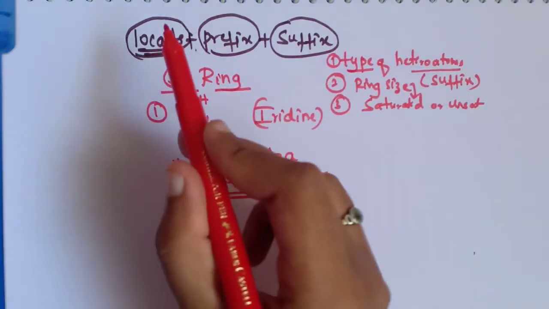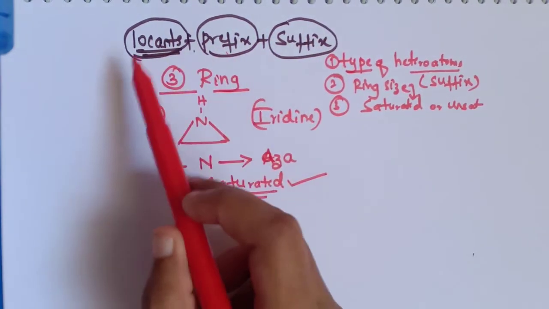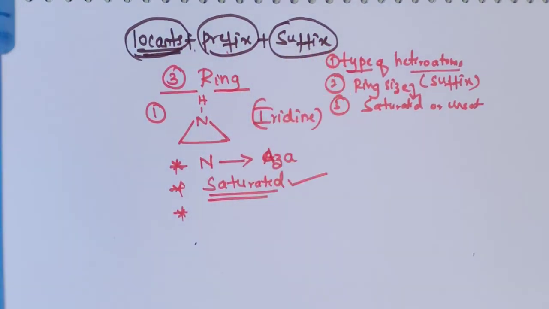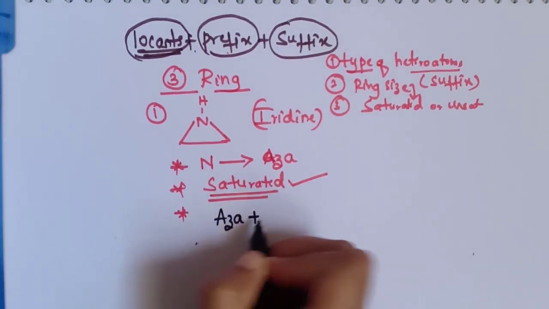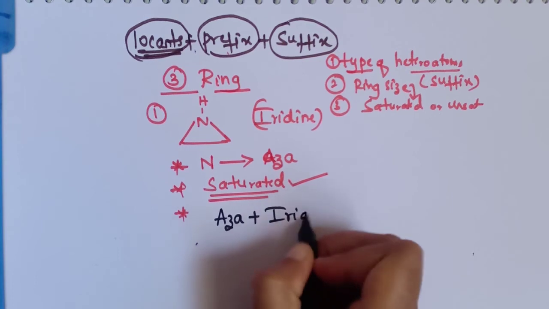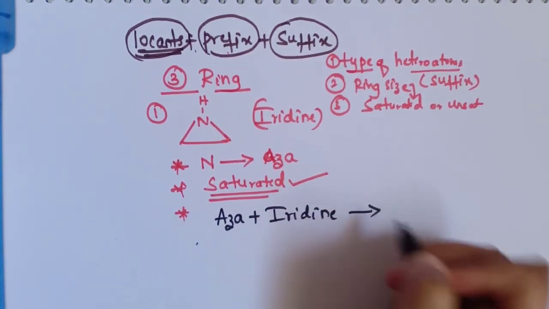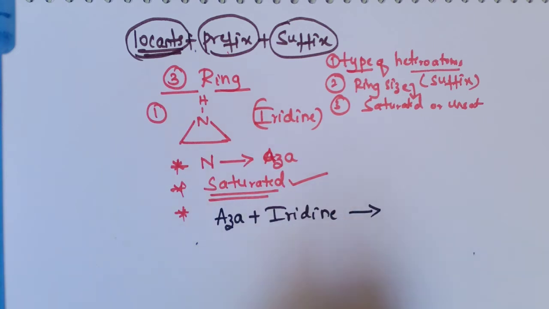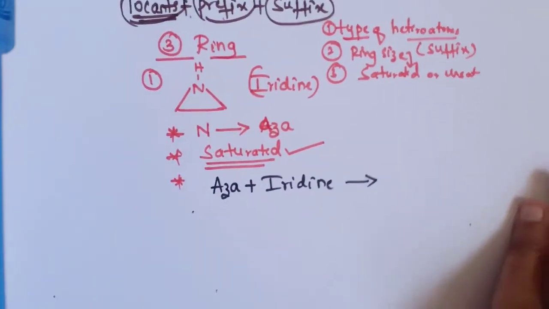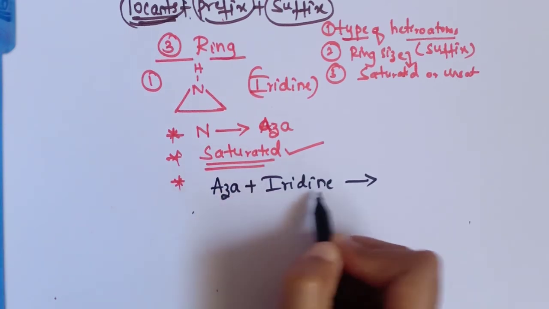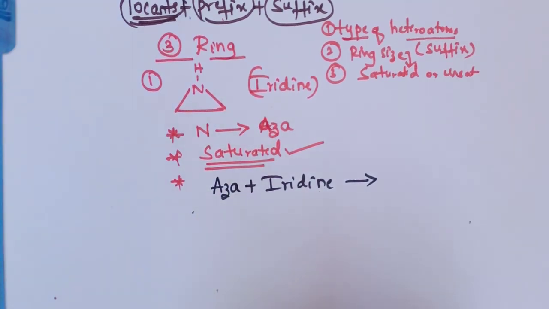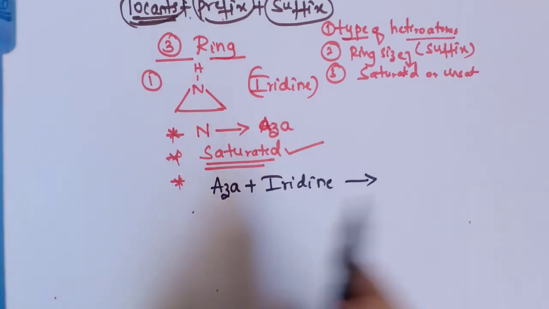Now combine the locants, prefix and suffix. Here locants are not present, so prefix and suffix should be combined. The prefix is aza, and the suffix is iridine. Combine these two. If vowels are present together, we should drop the last letter of the first part. The vowels are A, E, I, O, U. Here A is present at the end of the prefix and I at the start of the suffix.